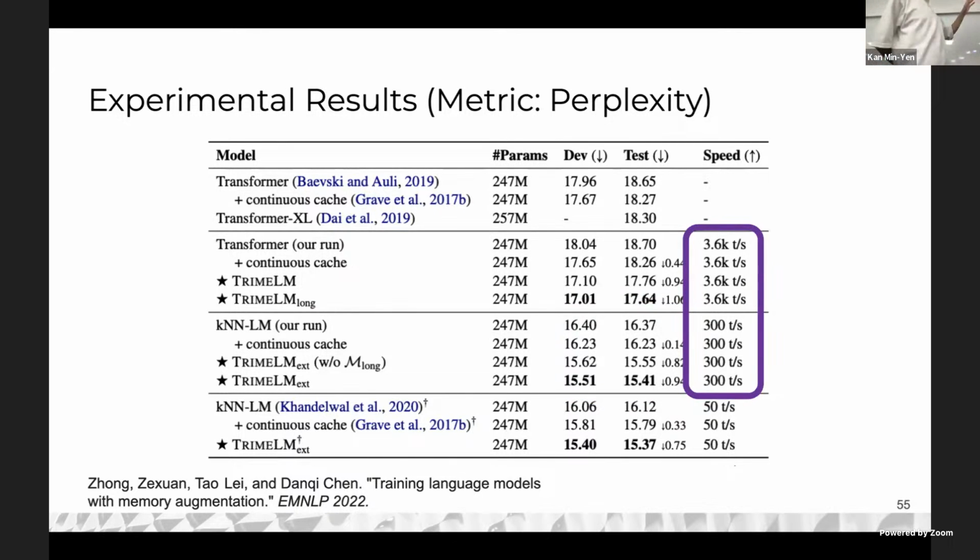Okay, here is the efficiency. If we use the actual training corpus memory, the inference speed will be very slow, like 300 times per second. But if we use the long-term memory here, the speed would be 10 times faster than using the external memory.